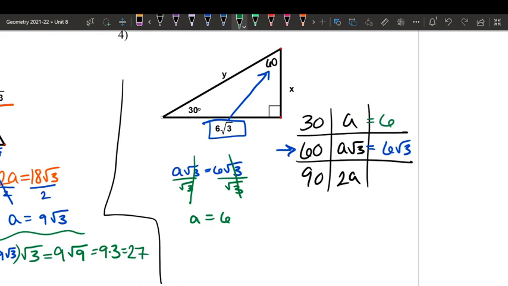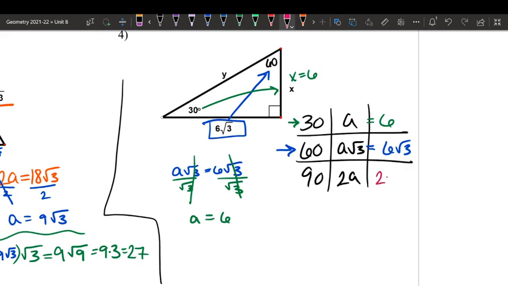So we can fill that in our chart. a equals 6. That is across from 30 degrees, so it's the short leg of the triangle. So x equals 6. And then for the last one, the hypotenuse is 2 times the short leg, so 2a.